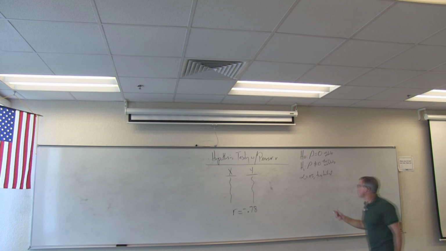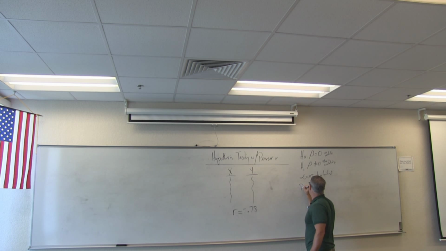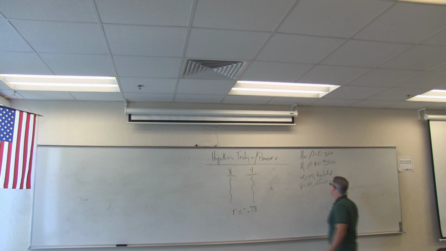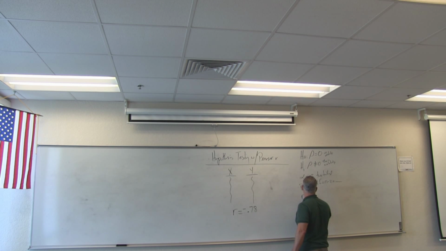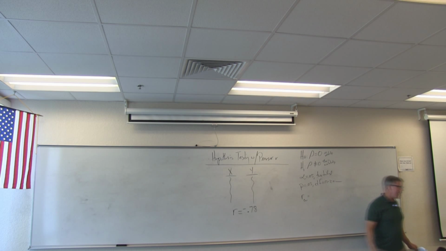Before we run any statistical test, p equals alpha. Degrees of freedom in this case is n minus 2. We can find an R critical value. Now in some statistical textbooks, they have R critical values in the back of the book. In this one, they don't.